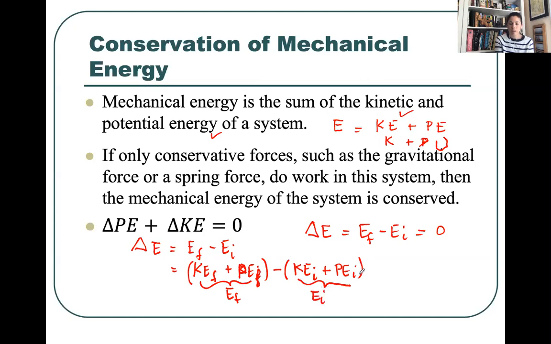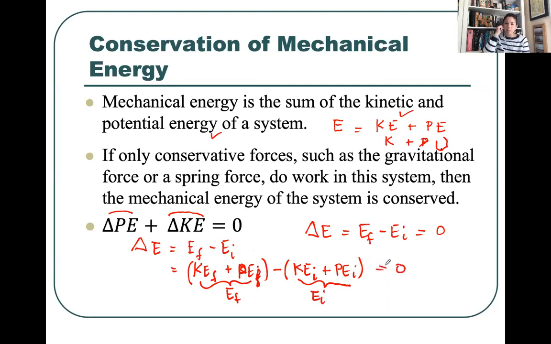And you can see that I have KE final minus KE initial, that's the same as a delta KE, and PE final minus PE initial, that's my delta PE. And that whole thing needs to be equal to 0. So different ways to think about it.